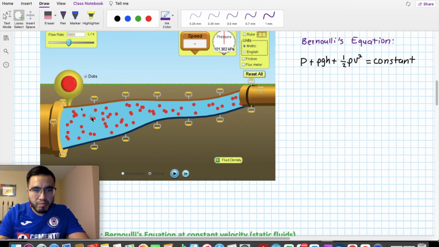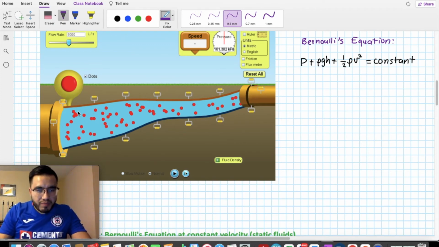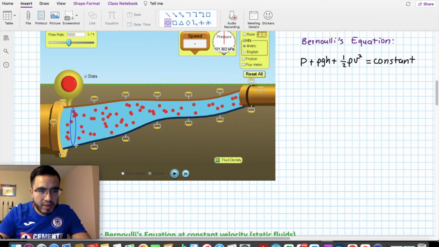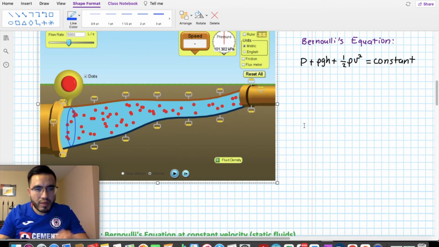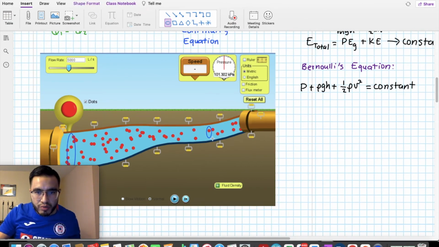Now let us consider this pipe, right, with different cross-sectional areas. As you can see, there's something on my screen. Oh, it wasn't on the screen, it was on the actual thing. Okay. So let's say this is cross-sectional area 1, and then we have cross-sectional area 2 over here.